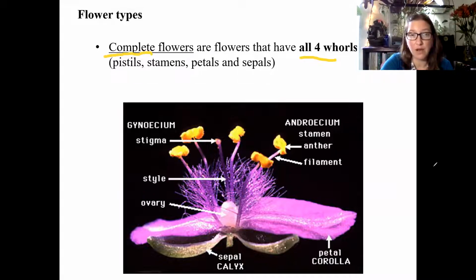Here is a complete flower below. So you have the sepals, then you have the petals, then you have the stamens, and then you have the pistil in the middle, pistil or carpel. So this flower has all 4 whorls, therefore we can call it complete.